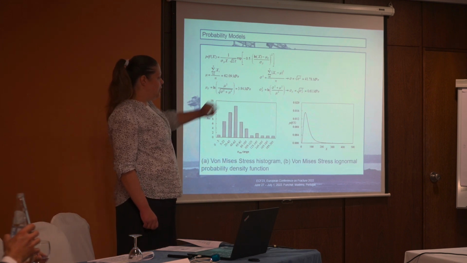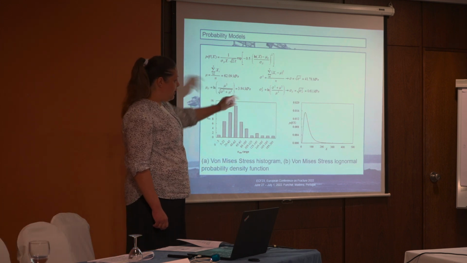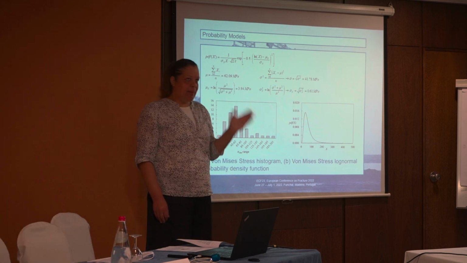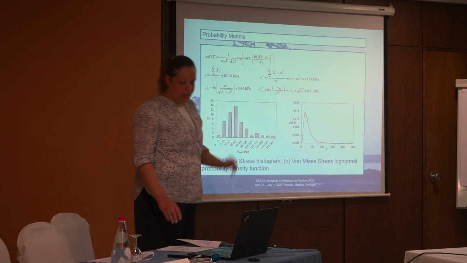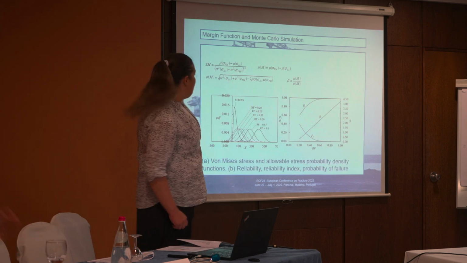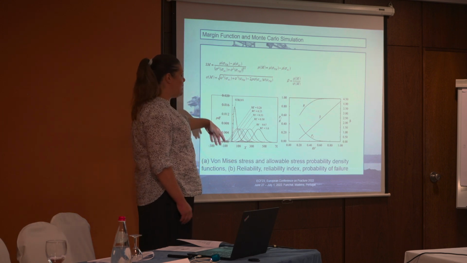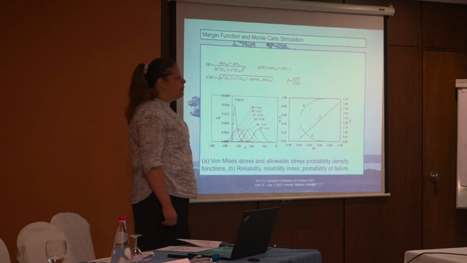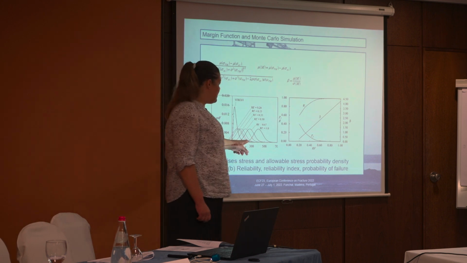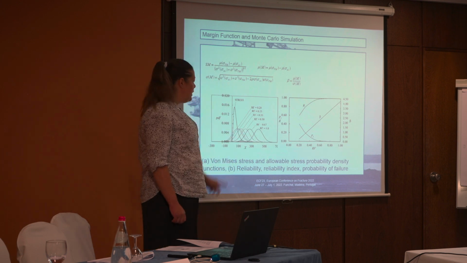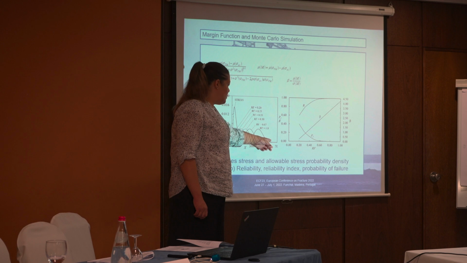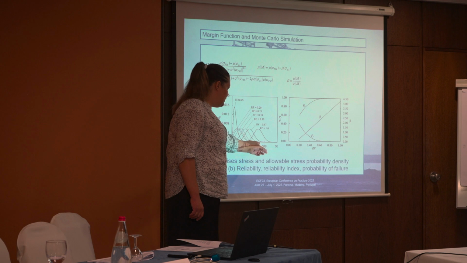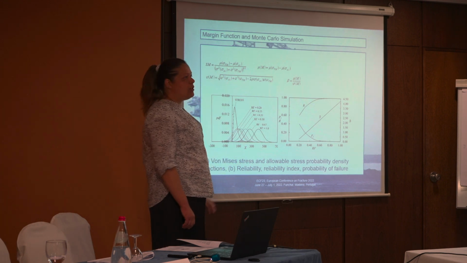And then we transformed it to a normal function, and then we will compare that function to the capacity of the construction. Here it will be clear for you what is capacity and what is demand. This represents stress distribution in the whole structure. This represents the yield criterion, formed in this way because we will usually compare this stress value with this value and say our construction is not failed.